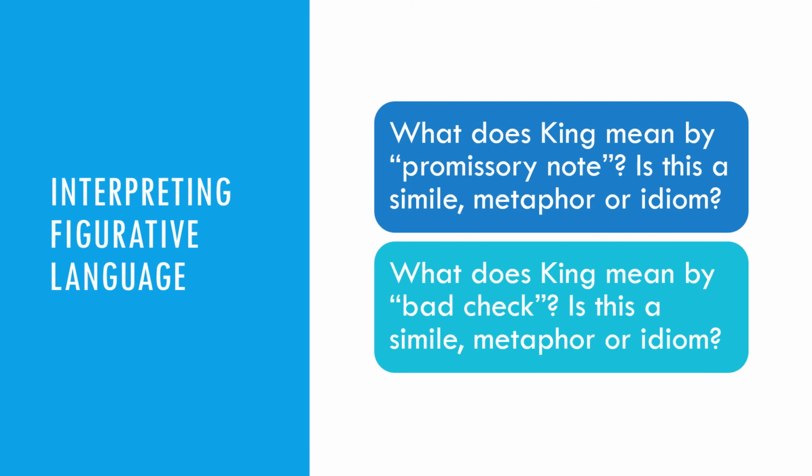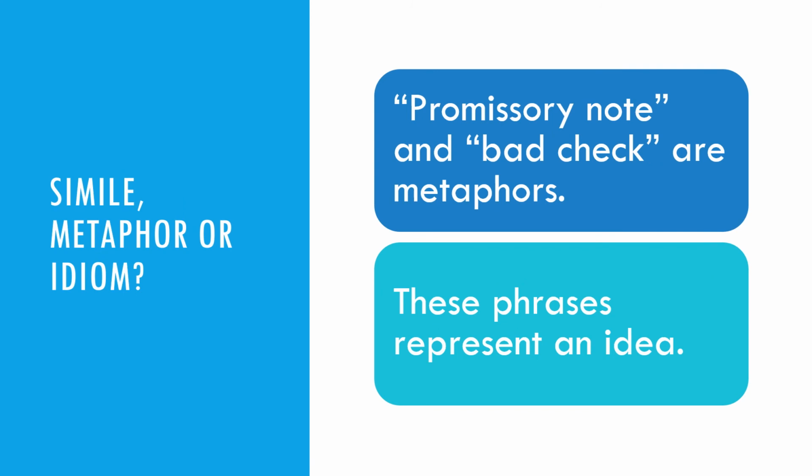Promissory note, and whether it's a simile, a metaphor, or an idiom, one of those three figurative language types that we looked at, and also the same for bad check. So what do these phrases mean, and what kind of figurative language are they? So both of them are metaphors.